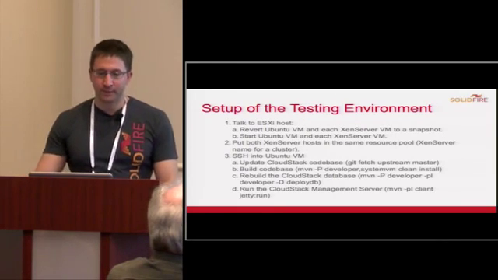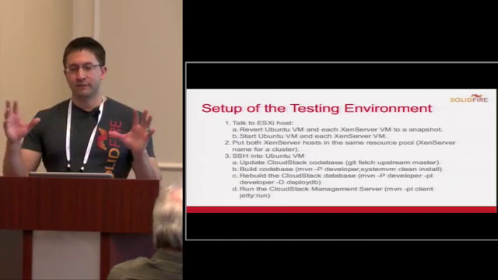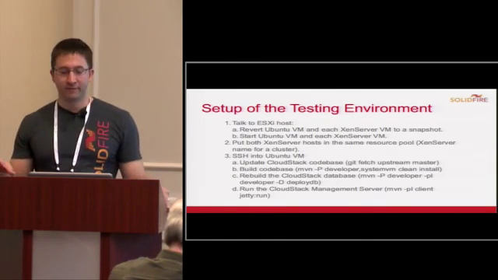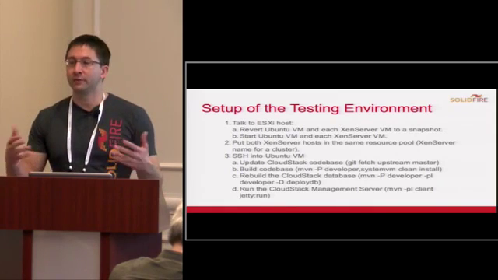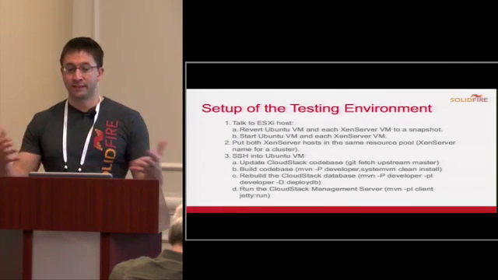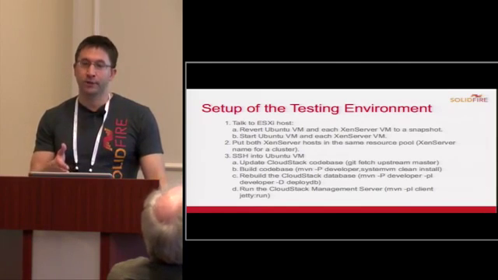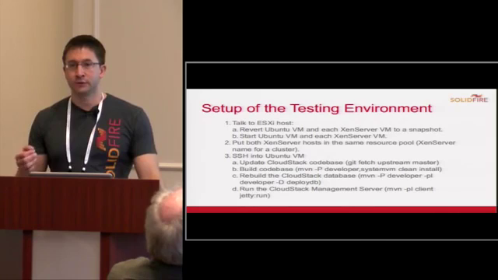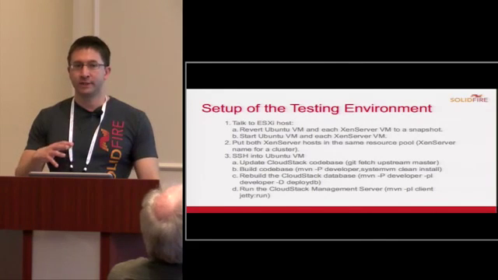All right, so then just looking at this from a high level, not really looking at whether this is done manually or in an automated fashion, what do I actually have to do every single time before I run my tests? The first thing I need to do is talk to that ESXi host and reset those virtual machines back to a previous snapshot.